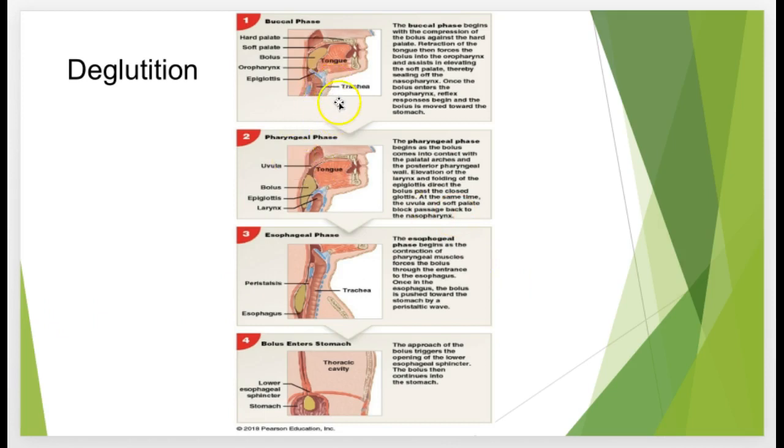So here's a fun little picture of it. Here's your epiglottis. That bolus pushes down on that flap, closes off the larynx and the trachea, and forces the bolus to go down into the esophagus and finally land in the stomach.